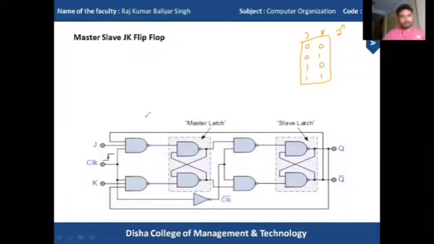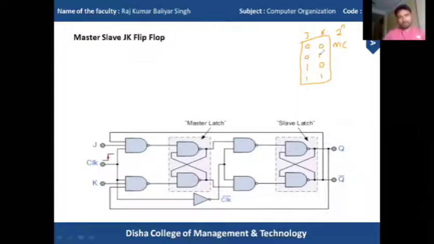Okay, so J and K are the 2 input lines, and we can supply 0 0, 0 1, 1 0 and 1 1 to this master slave JK flip flop. When we supply J and K equal to 0 0, it is the memory state. From the last class we know that is the memory condition.